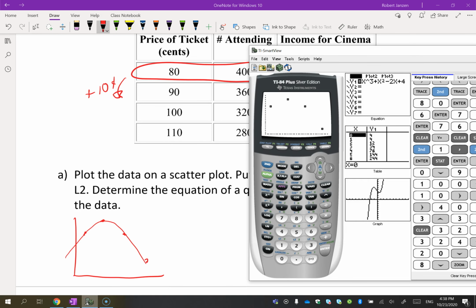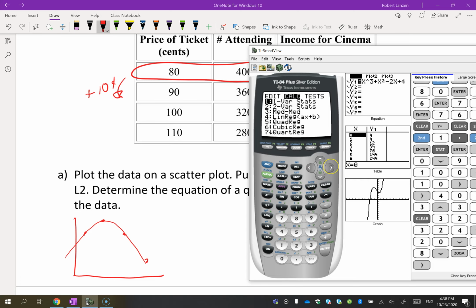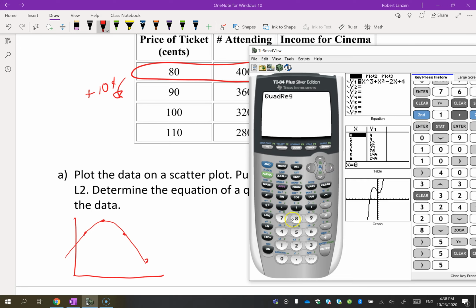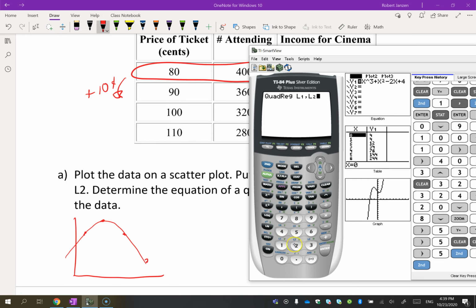Let's figure out what our equation is. If you remember, we go to Calc, and since I think it's a quadratic, I'm going to press 5 this time. I want L1, L2. The equation is a little different.